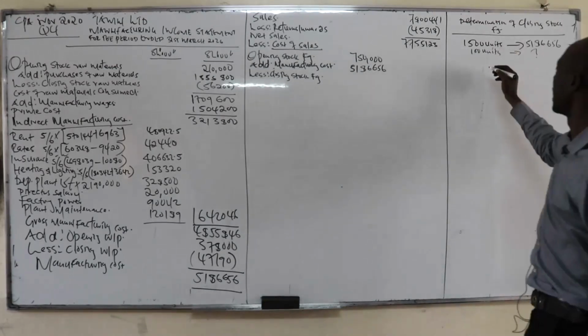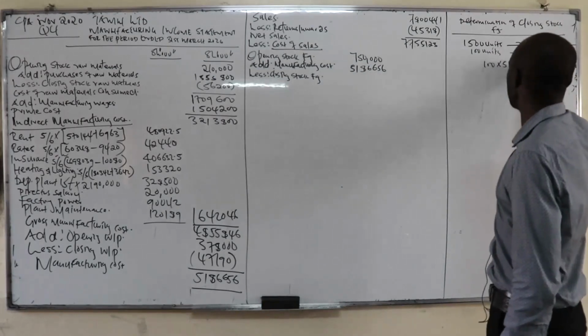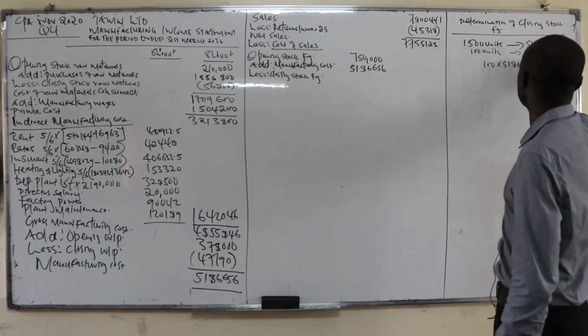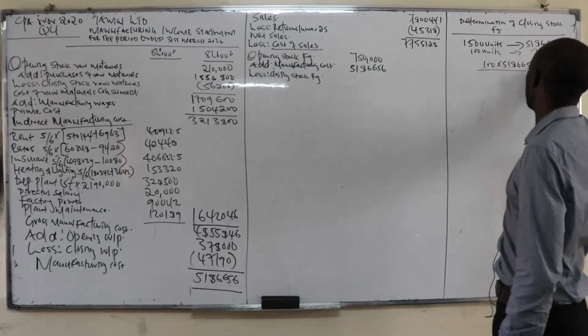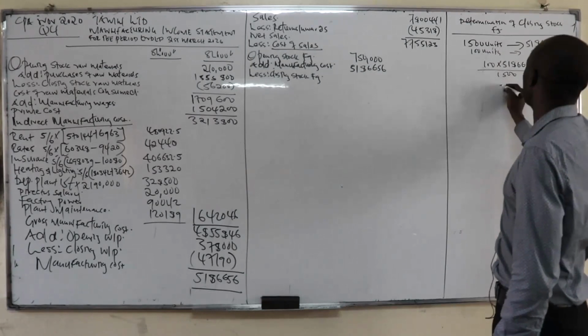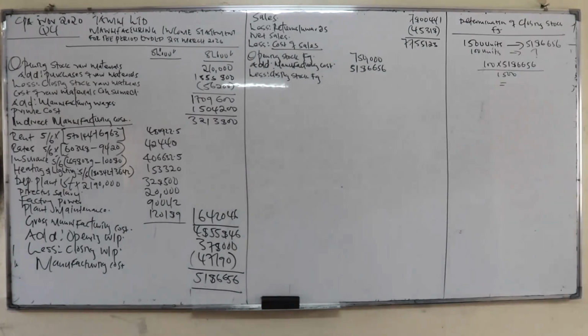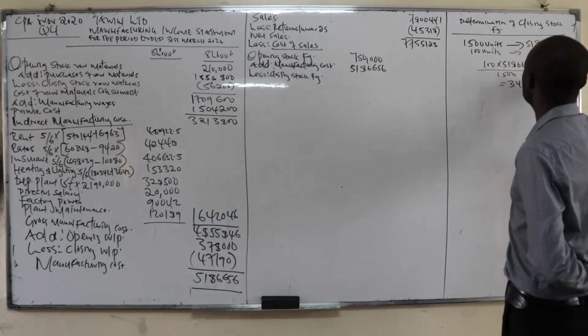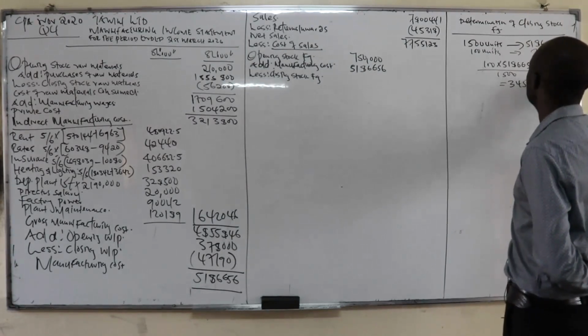So we cross multiply. So 100 times 51,86,656 over 1,500. So what do you get? 345, 777.